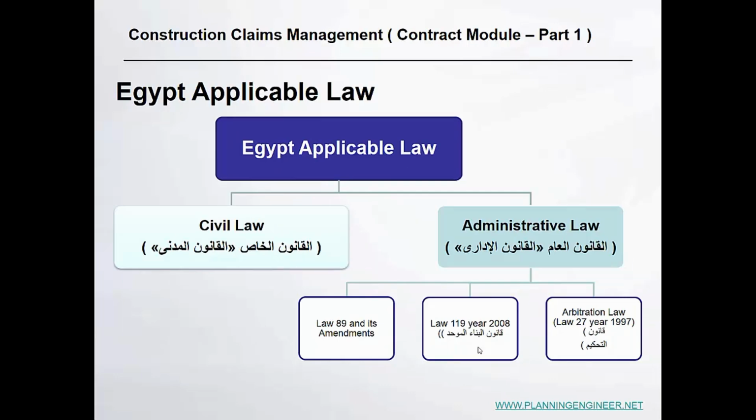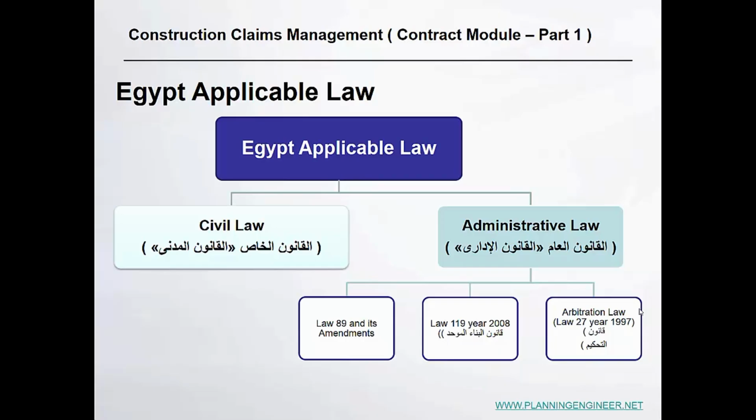For Egypt, for example, we have the civil law and we have administrative law, and under administrative law we have three laws. So according to your country, if you enter a dispute, you need to know which law you are going to refer to when it reaches the dispute stage.